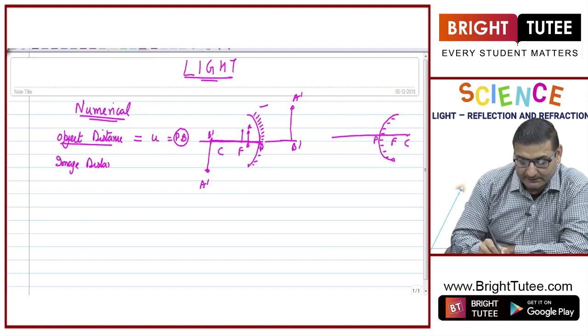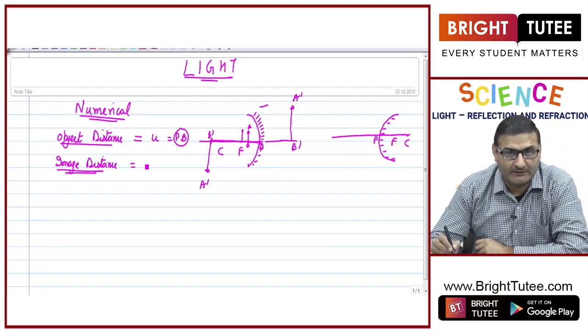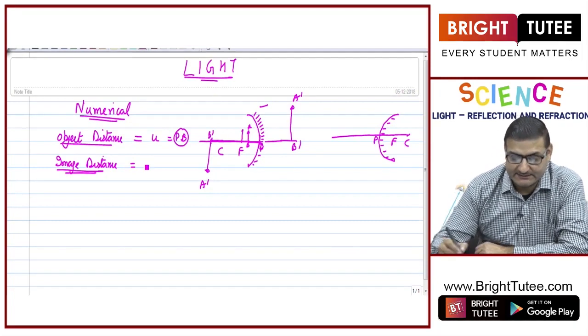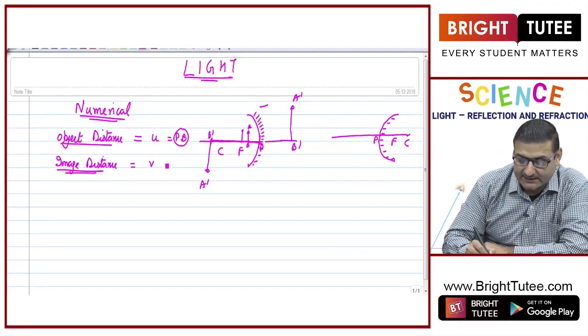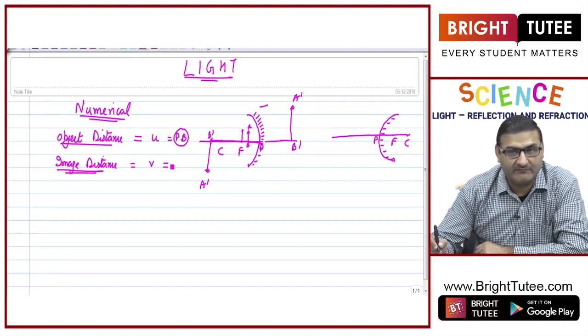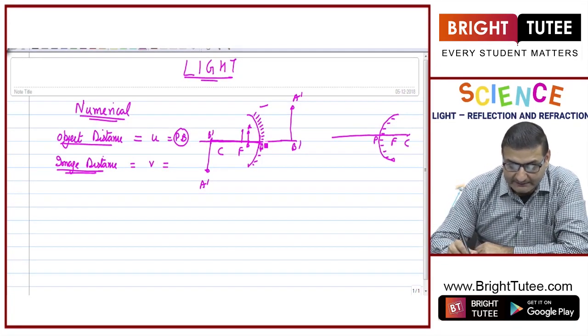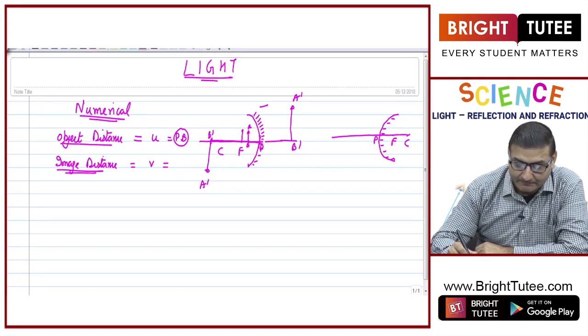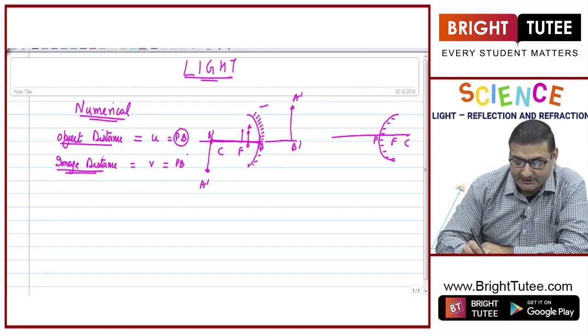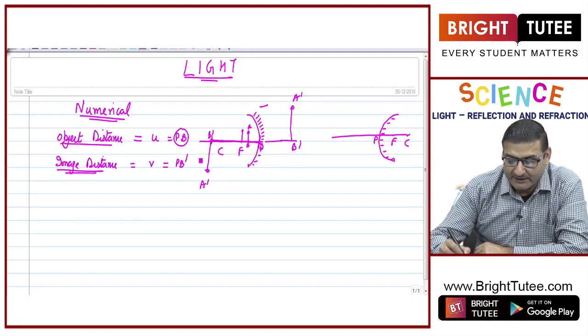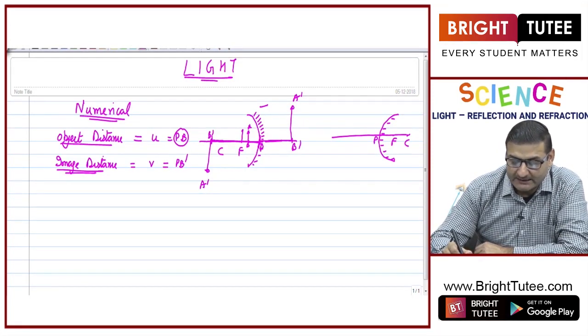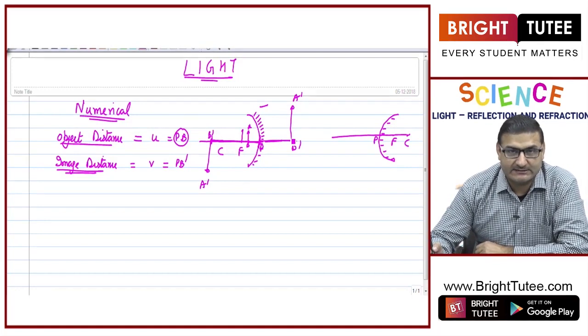I repeat, the distance at which the image of an object is formed is known as image distance, and it is expressed as small alphabet v. And in this figure we can see that from P till B dash, this PB dash is our image distance. If the image was formed out here, then P to B dash is our image distance.